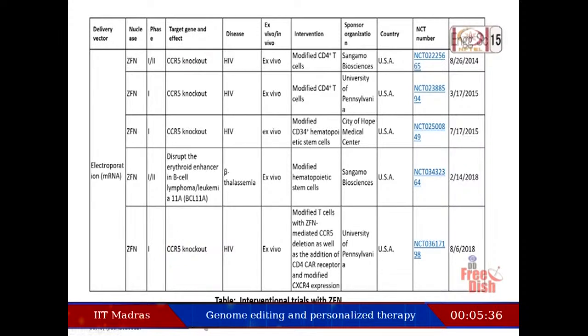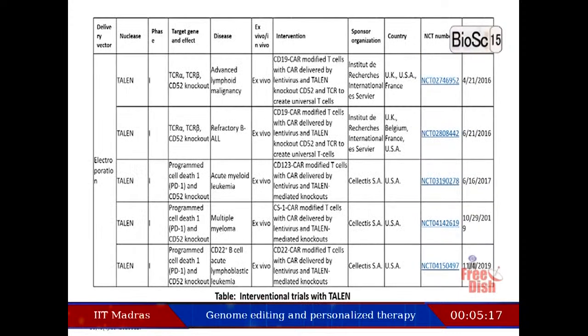And you can see also some trials for beta thalassemia, and many companies like Sangamo Biosciences, and then you have the University of Pennsylvania and City of Hope Medical Center doing these kinds of clinical trials with a particular number and date.